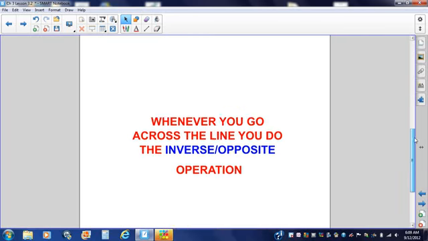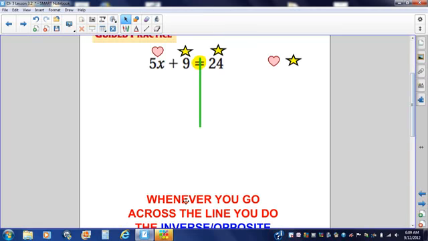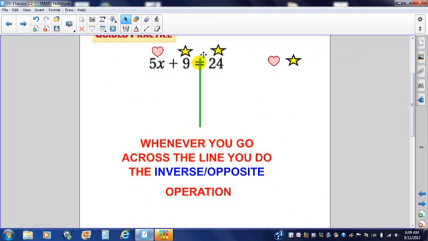So, an important thing I have to remember in math, whenever you go across that line, you have to do the inverse or opposite operation. Let me say it again. Whenever you go across that line, you have to do the inverse or opposite operation.